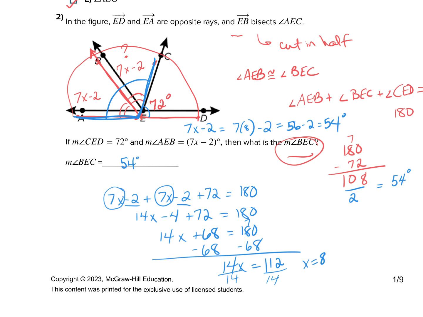So regardless whether you just did it totally numerically, if you noticed and realized that with the two angles being congruent, you could just subtract 72 from 180 and divide by 2 to get the measurement, or you can go through the steps of the algebra. Obviously, either way, you get the same answer.